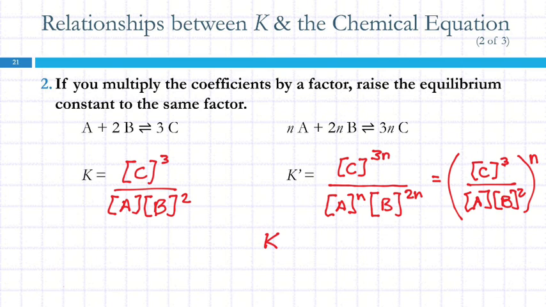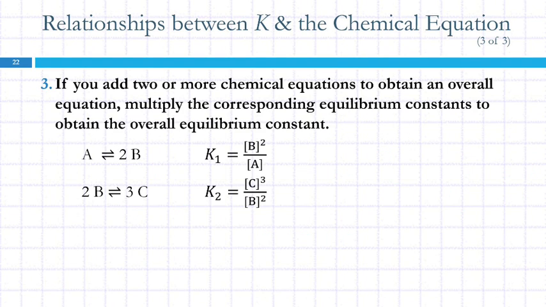So K prime is equal to K raised to the n power. Any questions? If you add two equations, instead of adding delta H's, you multiply the equilibrium constants.